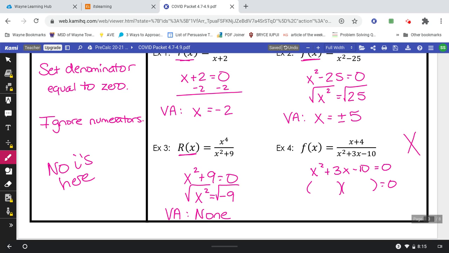A lot of you guys learned the X method for this. That's fine. Otherwise, you're looking for numbers that multiply to -10 and add up to make +3. That combination should be 5 and 2. And then just make sure your signs work in order to get you +3 and -10. It's going to have to be a +5 and a -2. It's the only combination of signs that will give you a +3 and a -10.